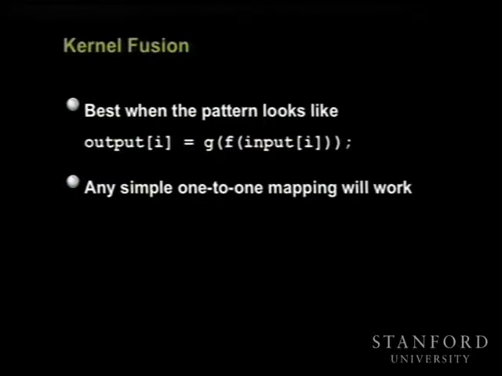But it's also possible if the pattern is a simple permutation of indices. If the first kernel takes an input at index I plus n and outputs it at I plus n, and the second kernel takes input from I plus n and outputs it at I, just a straight offset, you can still combine the kernels.